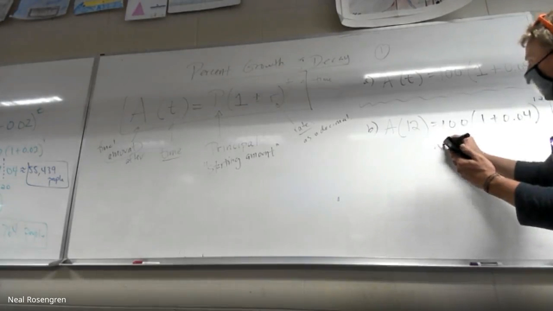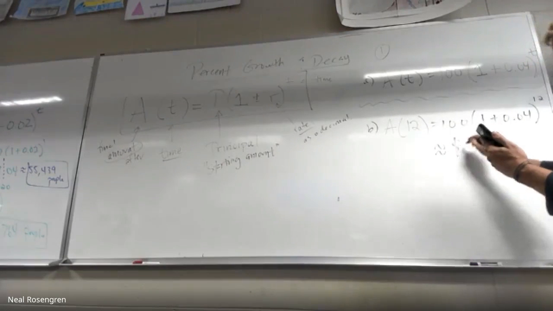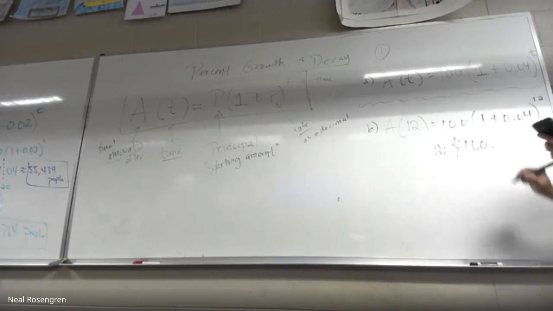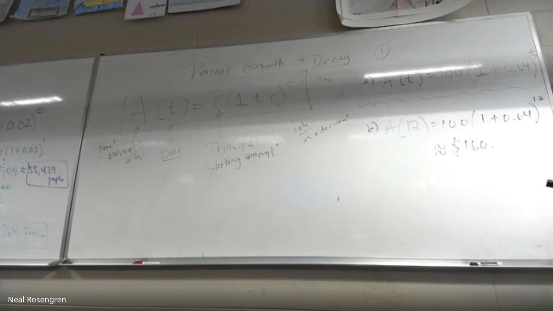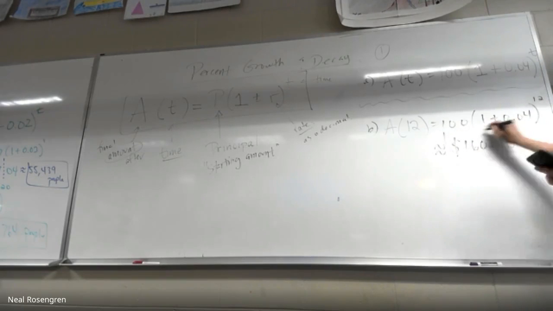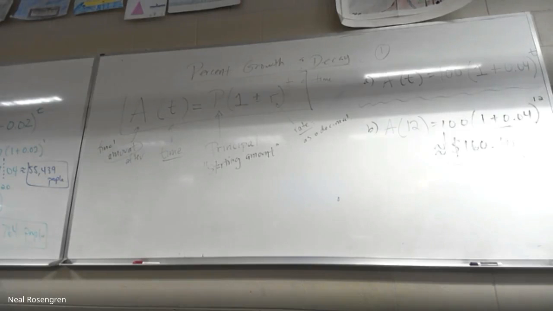When we think about rounding this and we're talking about money, does it stay 10 or does it get bumped up to 11? The next number needs to be at least a 5 if I'm going to bump it up. It's a 3, so $160.10.